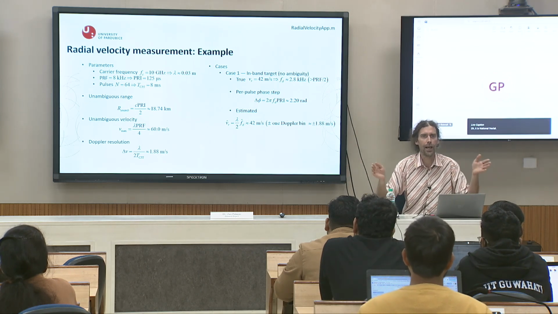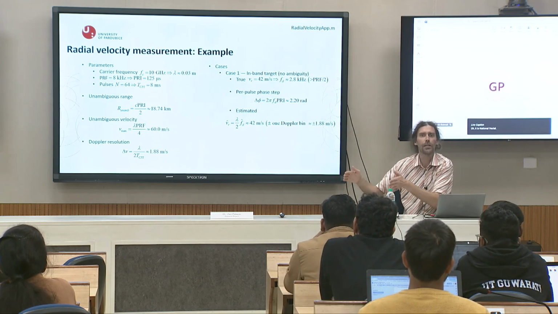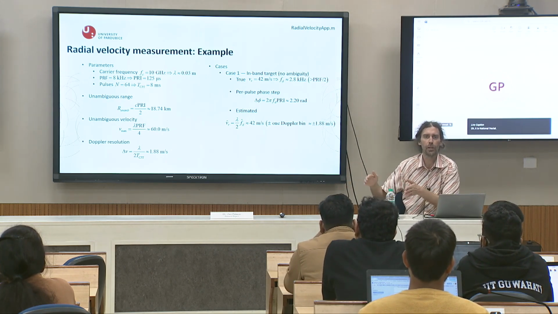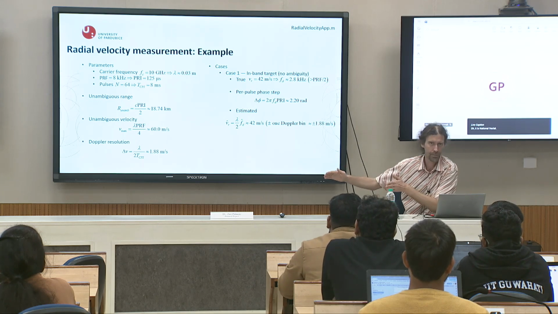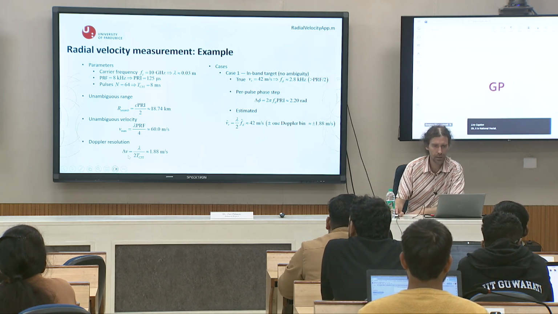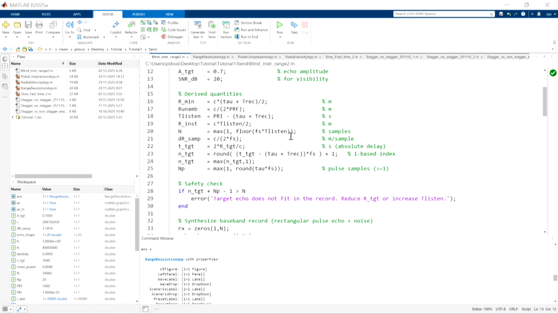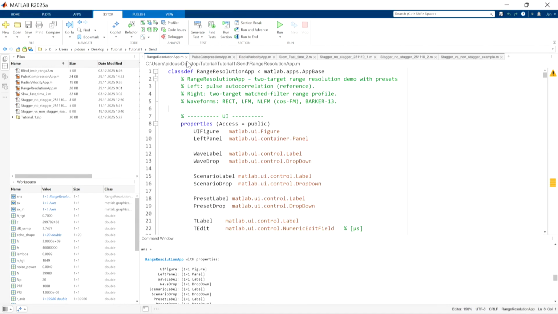It is like ambiguous range, ambiguous speed, but we don't say ambiguous speed, we call it blind speed. The Doppler resolution will be about 2 meters per second, because it depends on the length of the CPI, of course. So please run it. I will just close this.